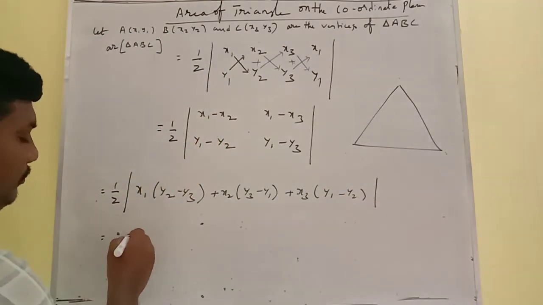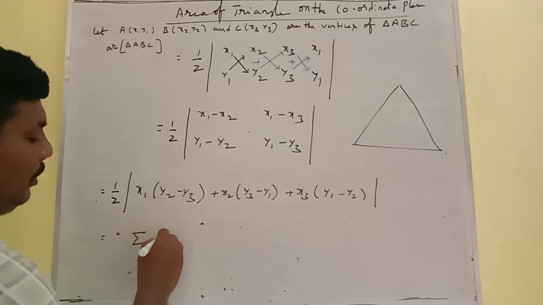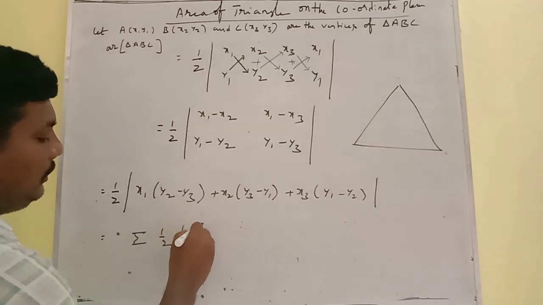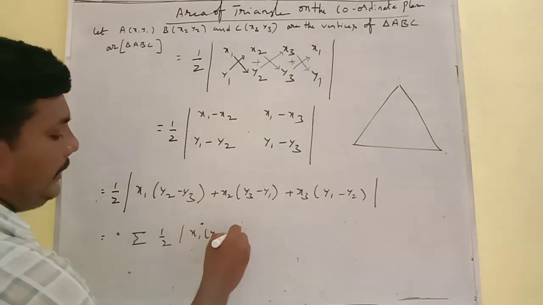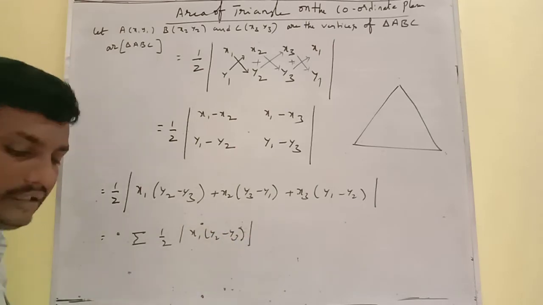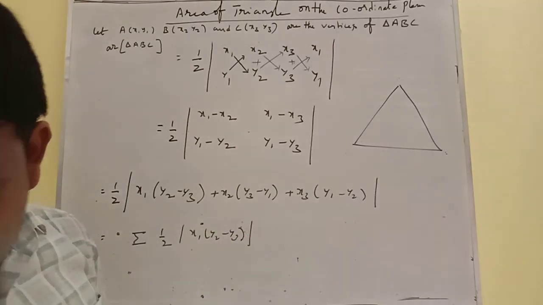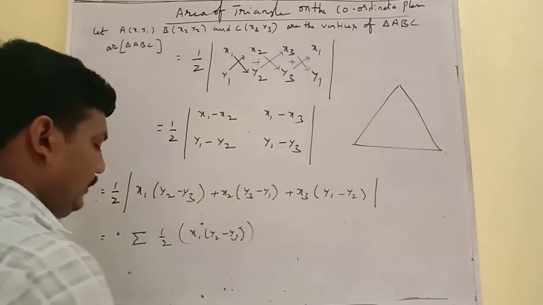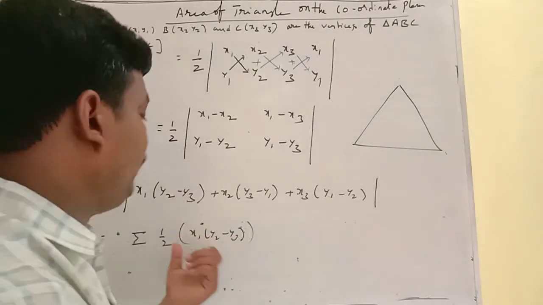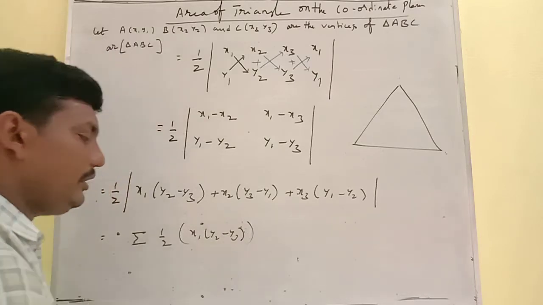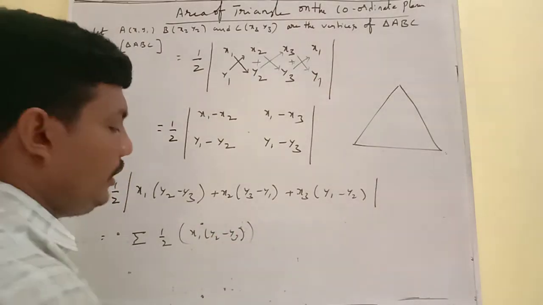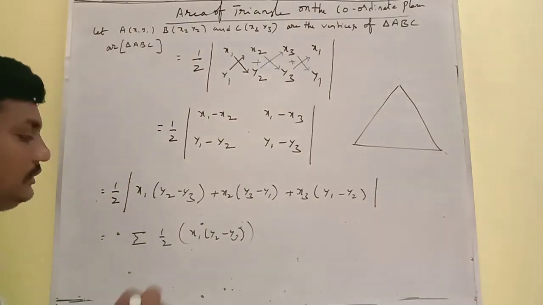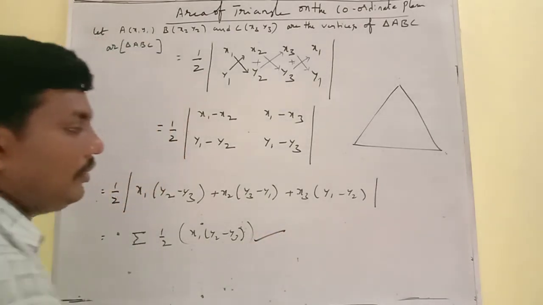Then it can be written symbolically as sigma half into x1 into y2 minus y3, which is enough. What does sigma say? Sigma says repeated addition of the same terms, so we can repeatedly write this one. This formula is also a shortcut we are going to consider.